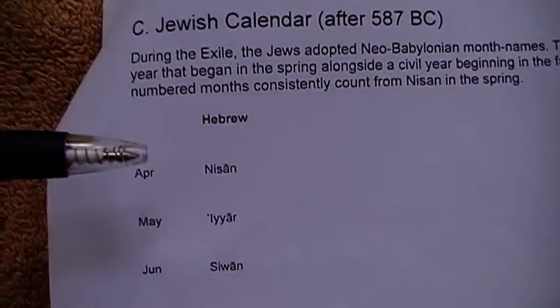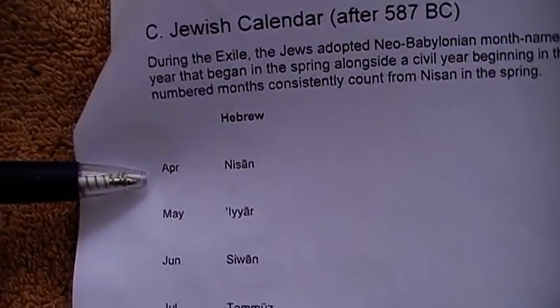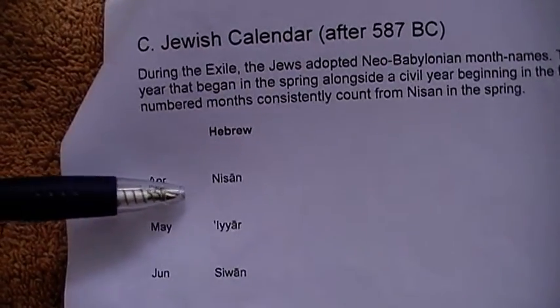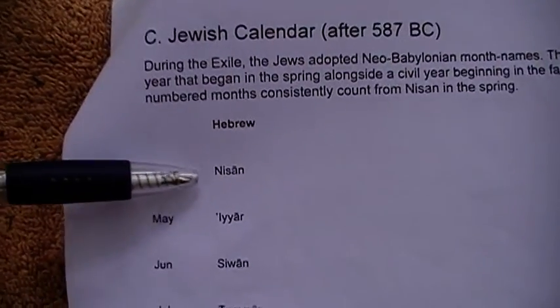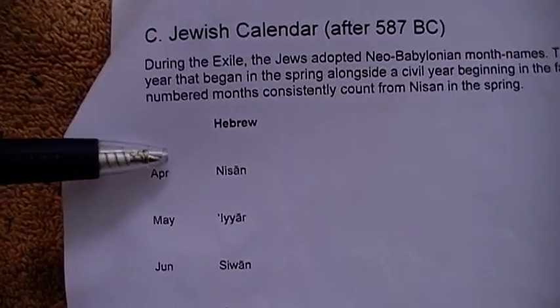Now what they've done is, even though they still start New Year here, which is technically the true Abib, the deception is they've moved Abib to the beginning of the Babylonian calendar and said that Abib literally means spring. But it actually doesn't mean spring, it means ear of corn or ear of grain.